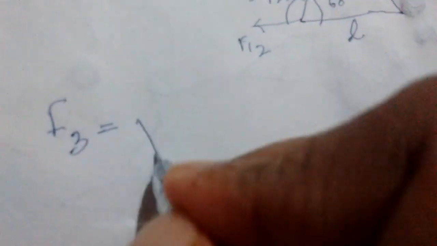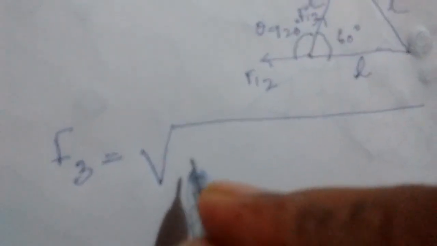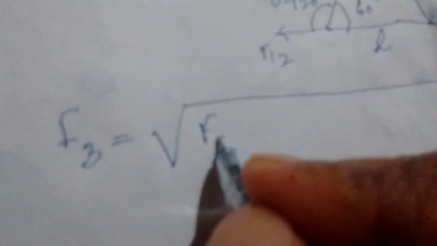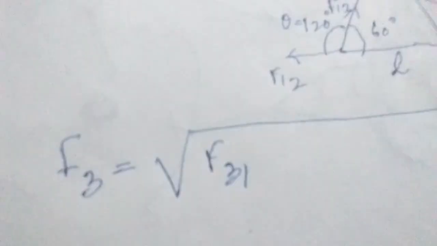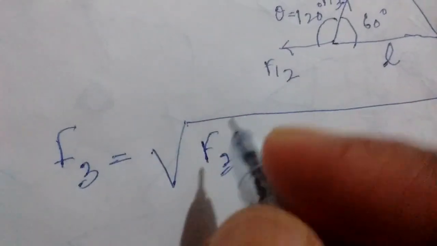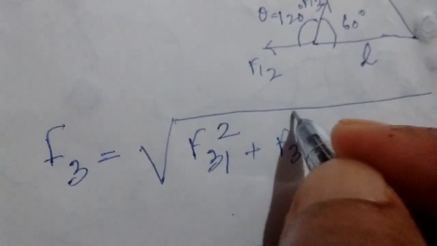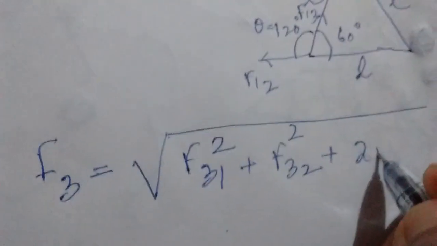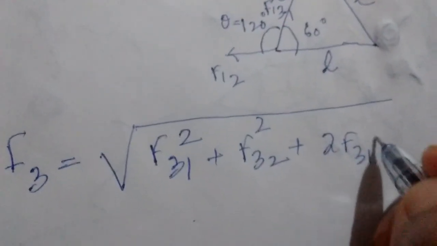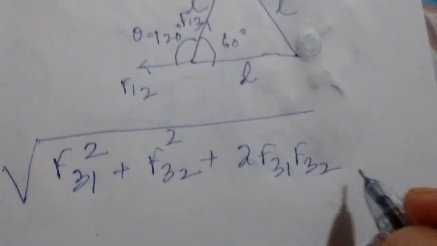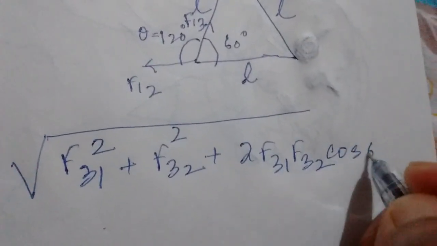Let us count the value of this force, denoted as F3. F3, that is force on charge 3, is equal to root over of F31 square plus F32 square plus 2 F31 F32 cos 60 degree.